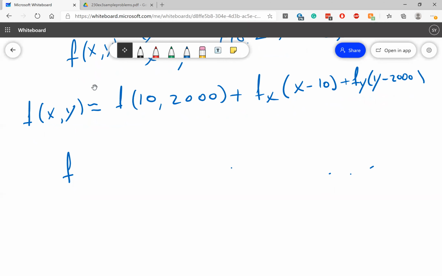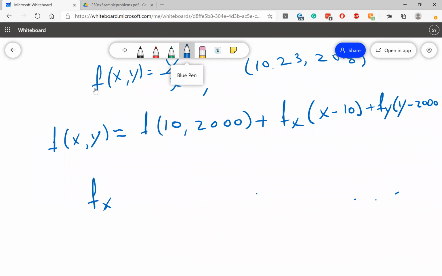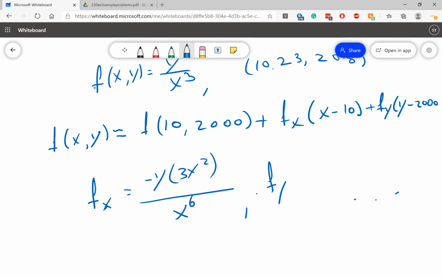Okay, so the partial of f with respect to x is negative y times 3x squared over x to the sixth power. The partial of f with respect to y is just 1 over x cubed.